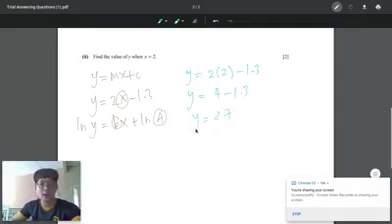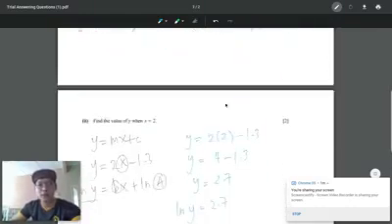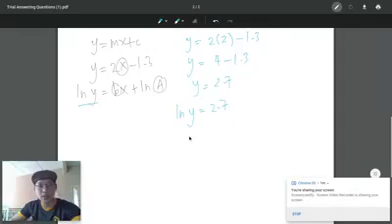We know that this y is actually the ln y in the nonlinear form. So ln y equals 2.7, and this is the same as the previous question in part a, where you have to change it. So y equals e to the power of 2.7.